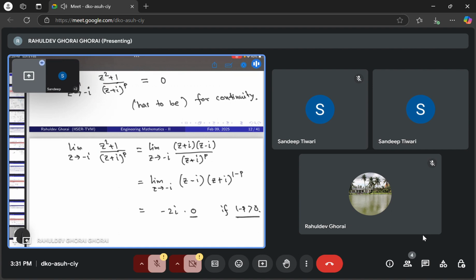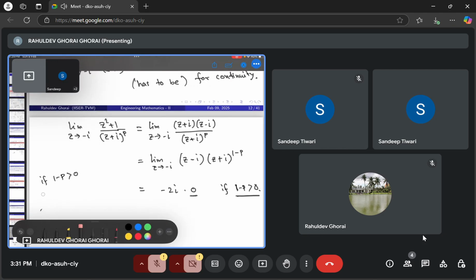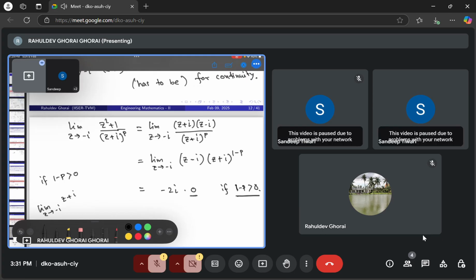So this is possible only if 1 minus p is greater than 0. Then the limit of z tends to minus i, (z plus i) to the power 1 minus p, is only 0.